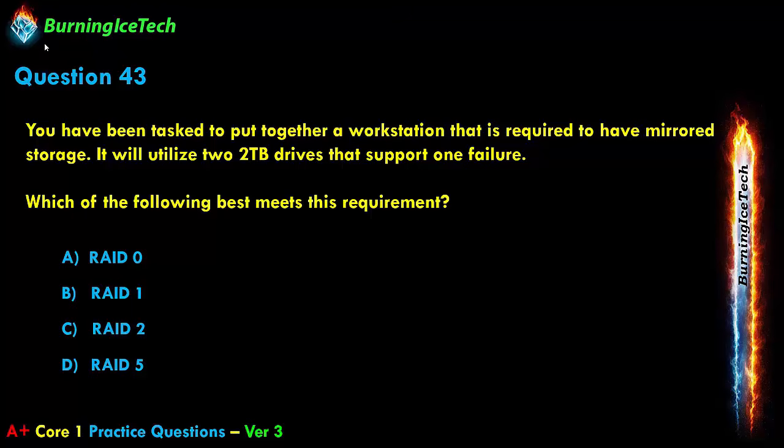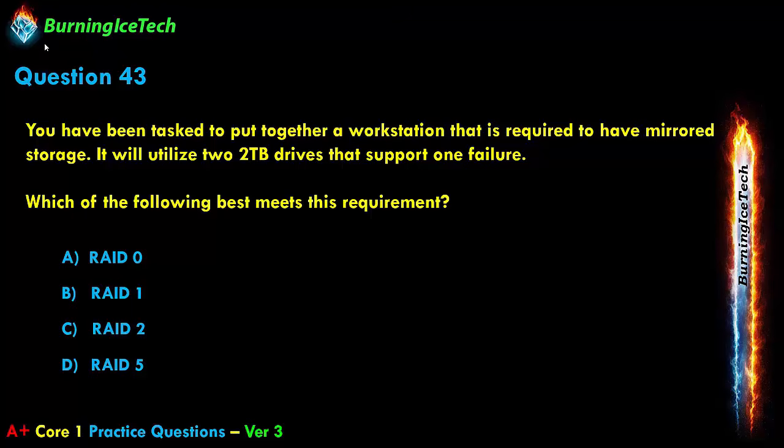RAID 2, I just needed a fourth answer, so I just kind of shoved in a random one there. So RAID 2 does not actually exist. RAID 0, RAID 1, and RAID 5 are the only ones you need to know at A+ level, and that's the only ones they will ask you about in the exam. You do get other ones out there, like RAID 10 and 15, and things like that, but those are normally combinations of RAID 0 and 1, and RAID 1 and 5, and so on and so forth.